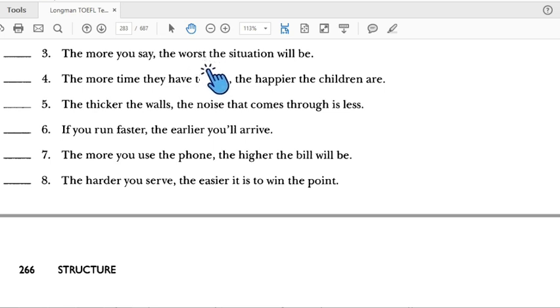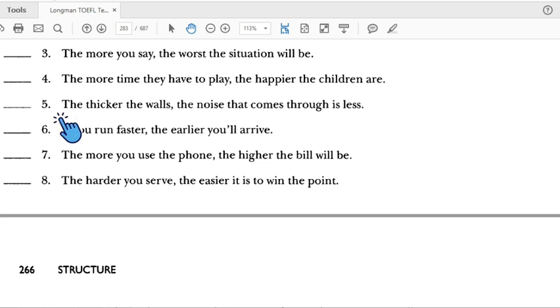So number three is incorrect. Number four: "The more time they have to play, the happier the children are." It's right, with subject and verb. Number four is correct, they use comparisons.